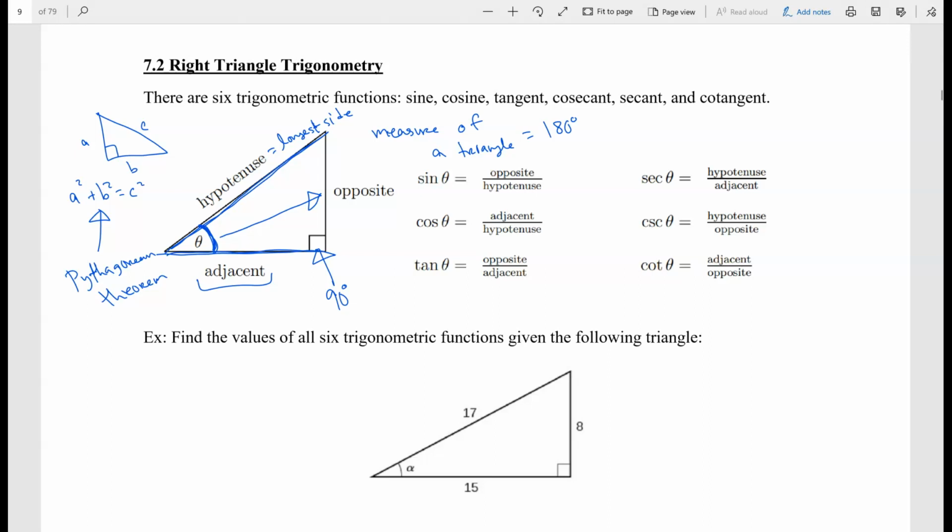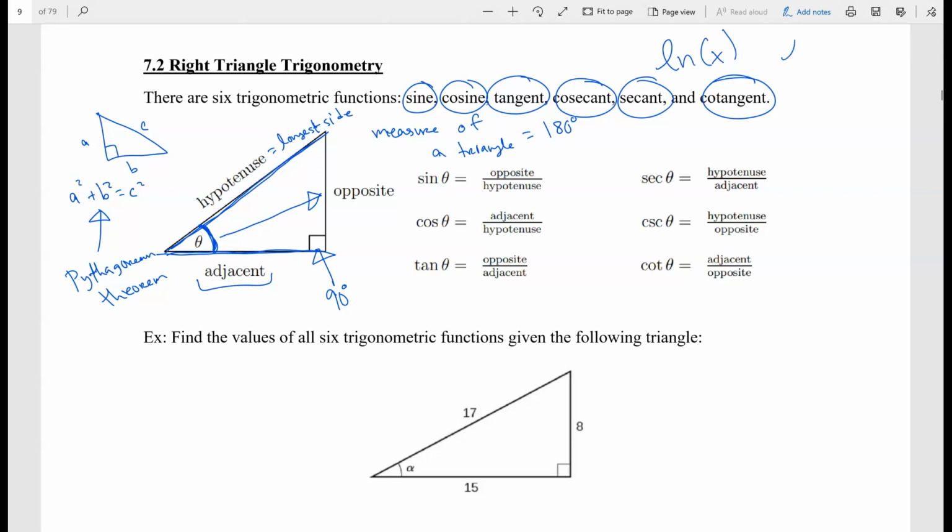So here's how we define all of them. The sine is equal to the opposite over the hypotenuse. The cosine is the adjacent over the hypotenuse. And the tangent is the opposite over the adjacent. That's basically how we abbreviated all of this. Think about it like in algebra, with the natural log of x.